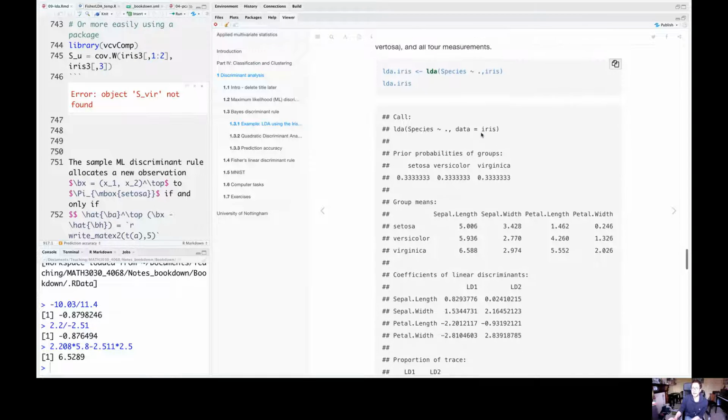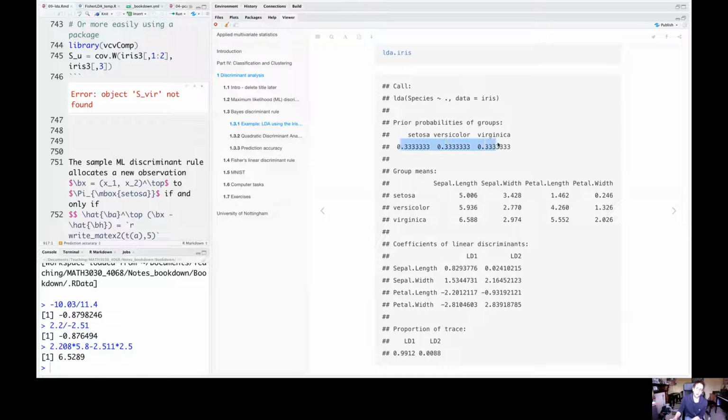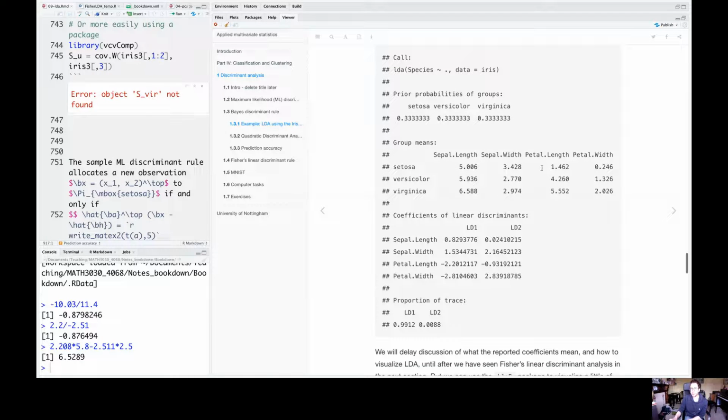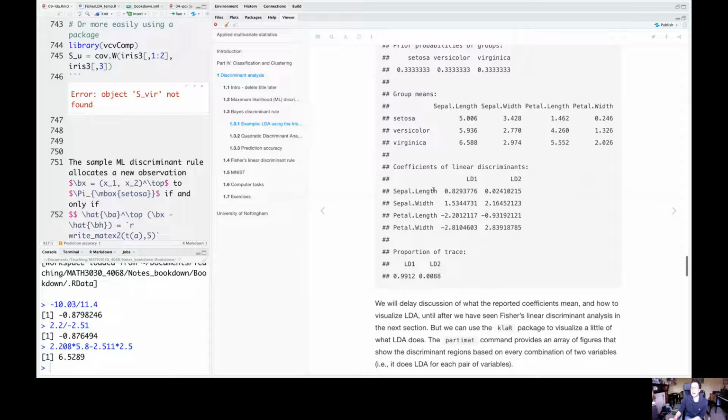Okay. Now, if we look at what we get here, we get the estimates of the prior probabilities for each group. So the groups are all equally balanced. So we get a third, a third, a third. We get the group means given to us. And then we're going to get two sets now of linear discriminants.